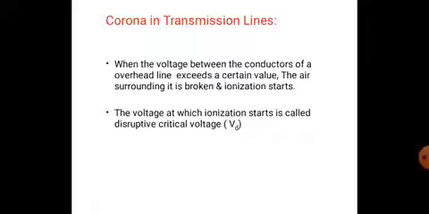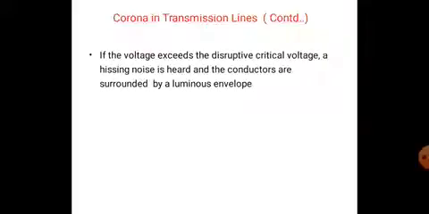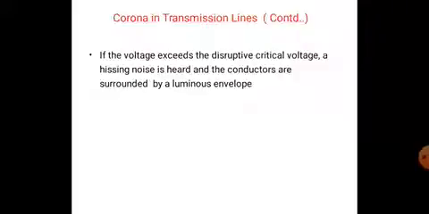When the voltage between the conductors of an overhead line exceeds a certain value, the air surrounding it breaks down and ionization starts. When the voltage exceeds the disruptive critical voltage, a hissing noise is heard and the conductors are surrounded by a luminous envelope.